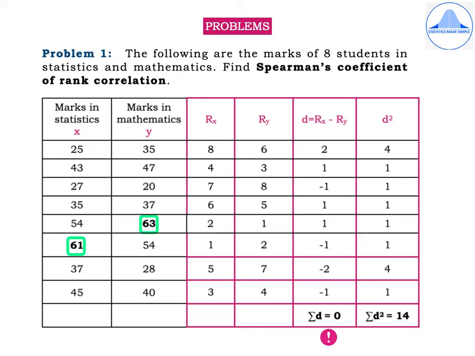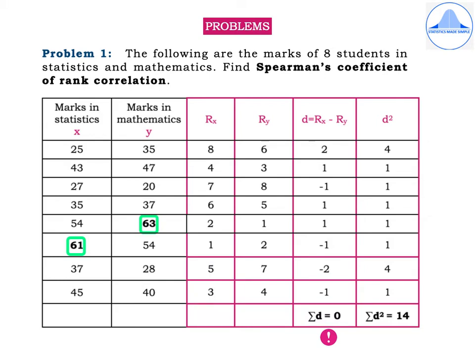Now in the first column, the highest marks is 61, so it gets the rank as 1. Next is 54 gets the rank as 2, 45 gets the rank as 3, 43 gets the rank as 4, 37 gets rank 5, 35 gets rank 6, 27 gets rank 7, and 25 gets rank as 8. Now Ry are the ranks for the values which are there in the second column.